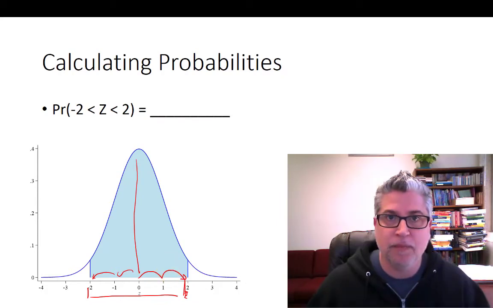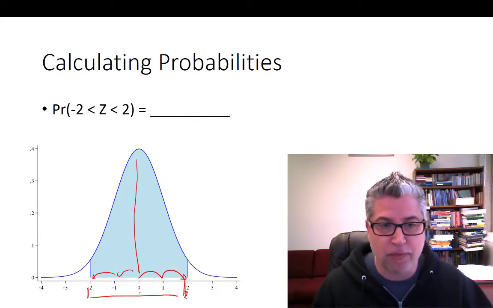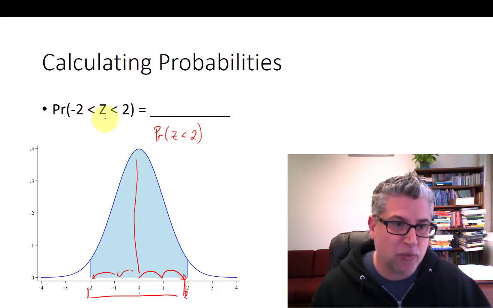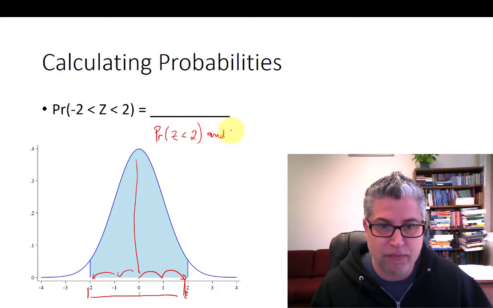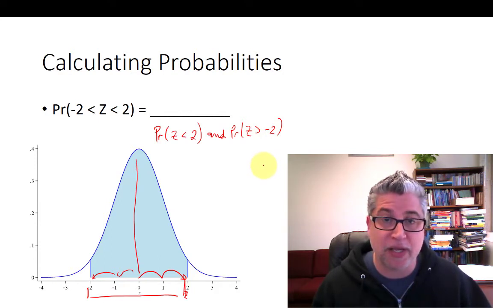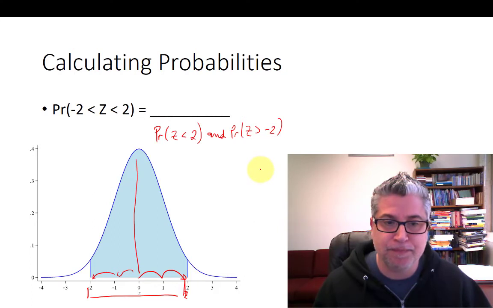Let's do that. Our procedure is going to be identical to the one we just had before. Excel can only calculate probabilities less than a particular number. But this question wants z less than 2 but bigger than -2. And Excel can't calculate the bigger than probabilities directly, but we can use a rule of complements or something like that.